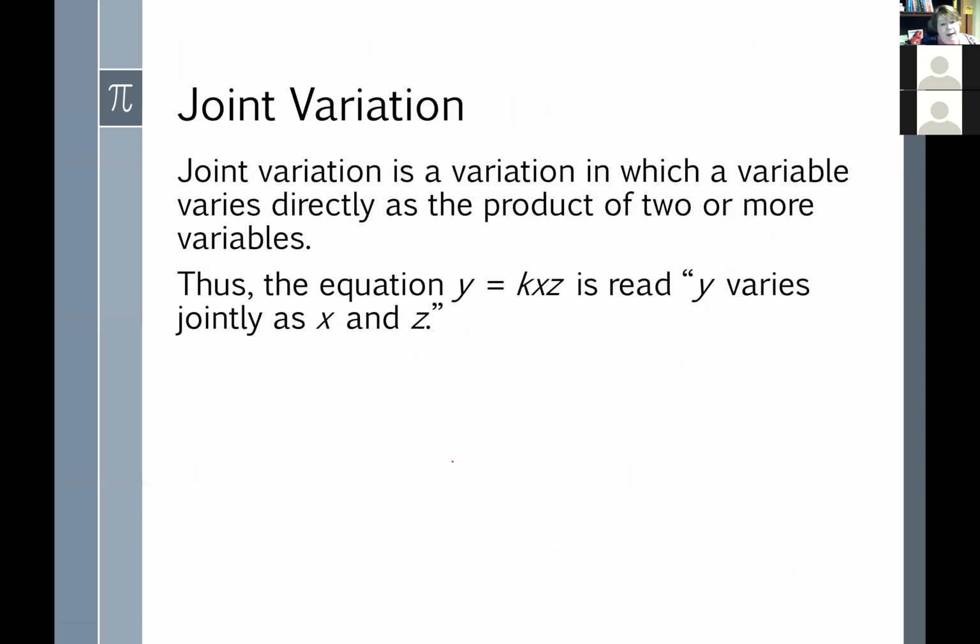A joint variation is a variation in which a variable varies directly as the product of 2 or more variables. Thus, the equation y equals k times x times z is read as y varies jointly as x and z.